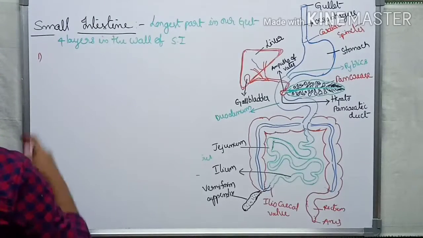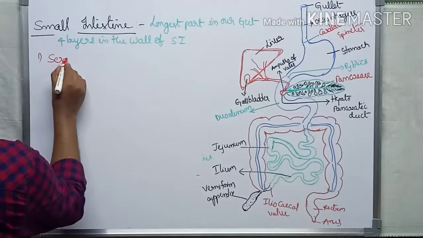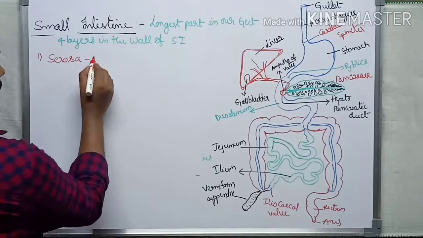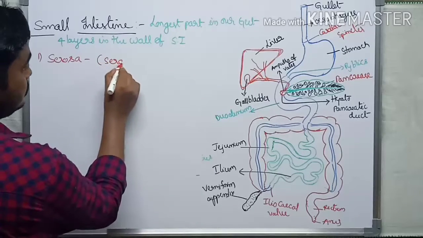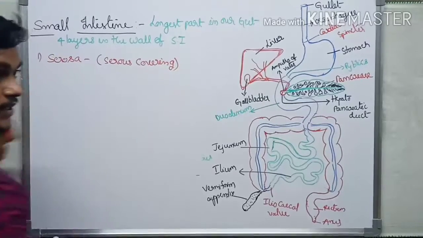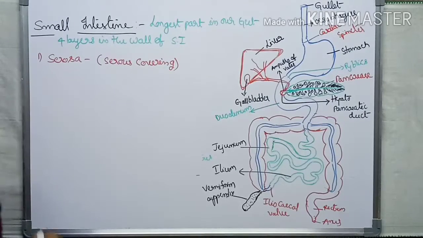One is the outermost covering, that is the serosa. Serosa consists of a serous covering, the outermost layer. It is also called the peritoneal layer.